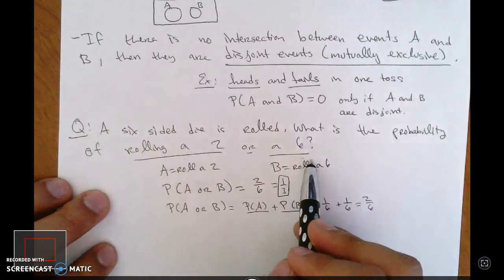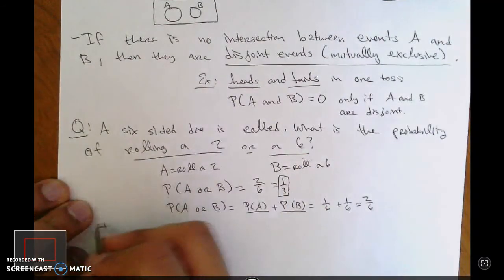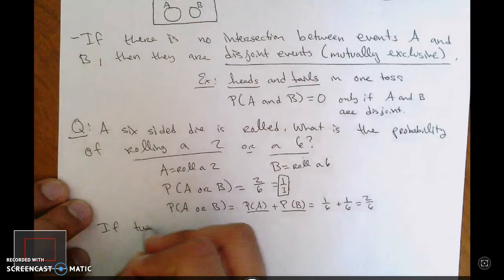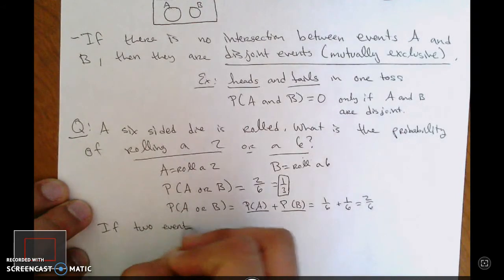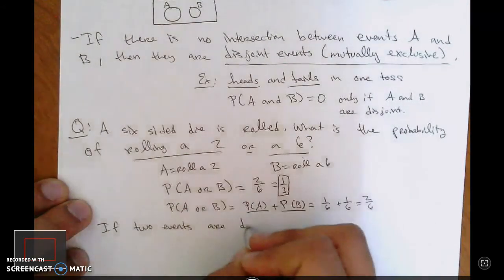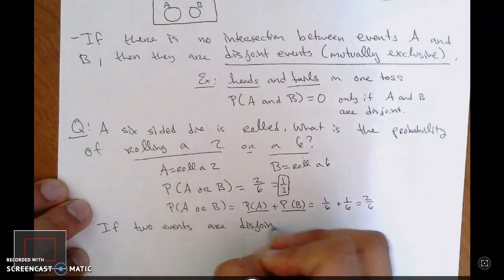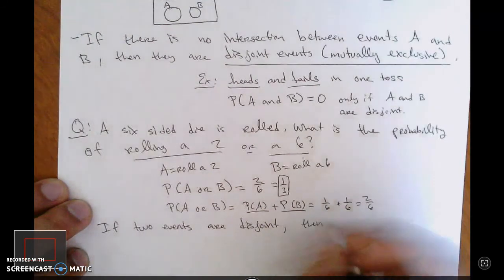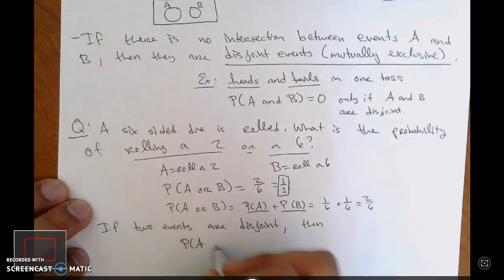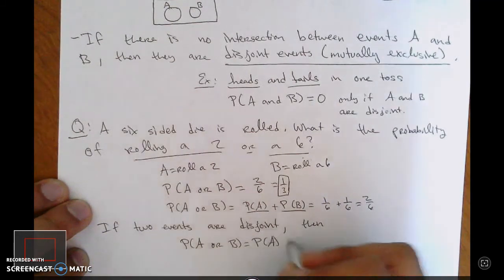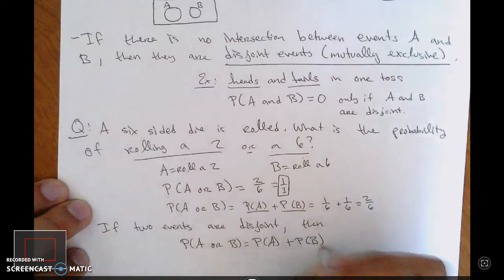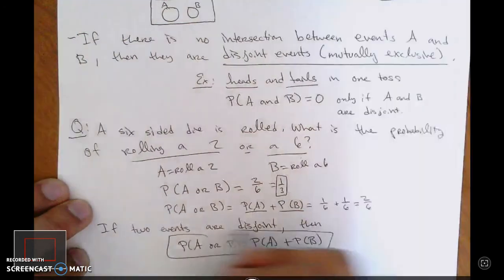So if 2 events are disjoint, then the probability of A or B is equal to the probability of A plus the probability of B. That is another formula that you can use.